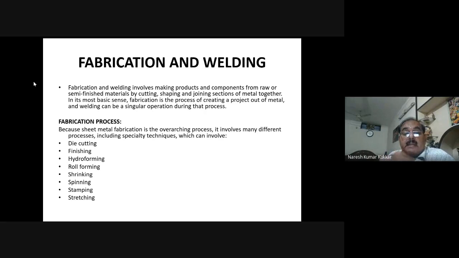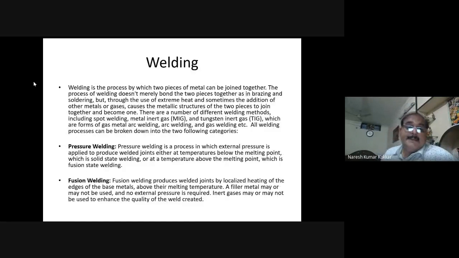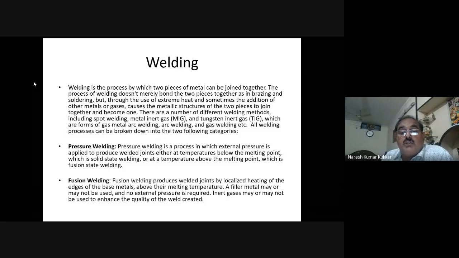Because sheet metal fabrication is an overreaching process, it involves many different processes, including specialty techniques such as die cutting, finishing, hydroforming, roll forming, shrinking, spinning, stamping, and stretching. Now, welding. Welding is a process by which two pieces of metal can be joined together.